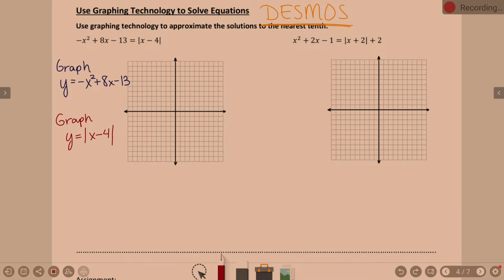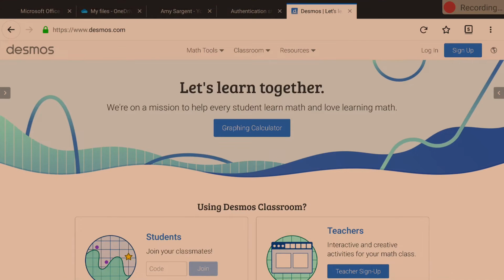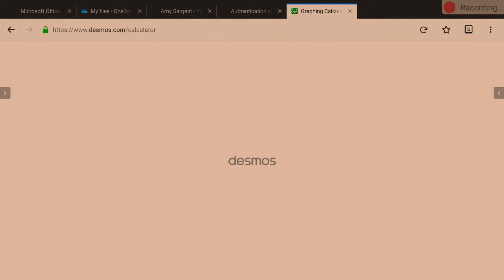Okay, now I am going to try here. If I go over to Desmos on here, will I lose my recording? Remember you can just go into Graphing Calculator, go into Math Tools.